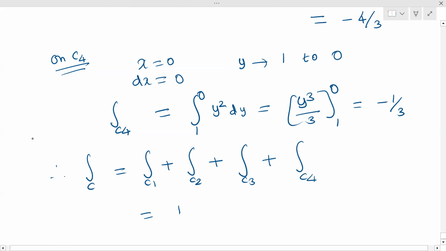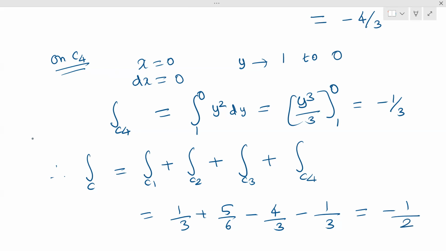C1 is 1 by 3. And C2 is 5 by 6. And C3 is minus 4 by 3. And C4 is minus 1 by 3. So when we do the simplification, what is the final answer?